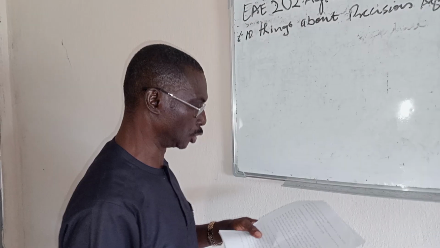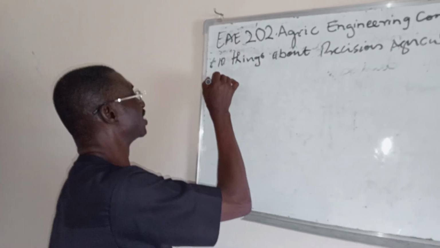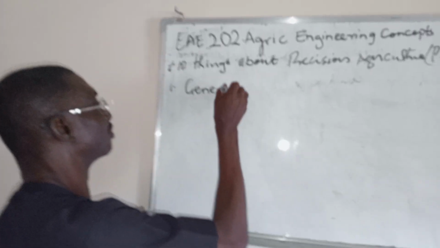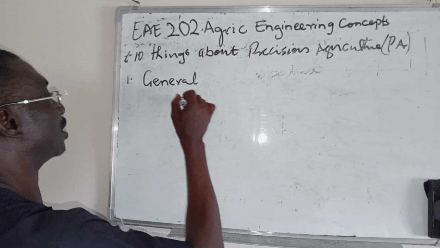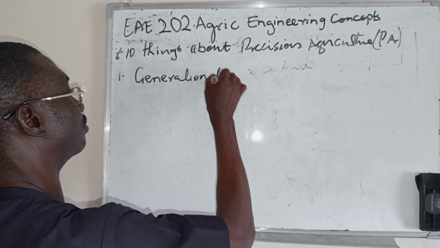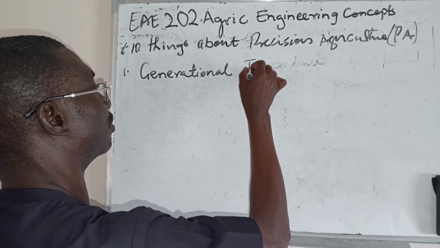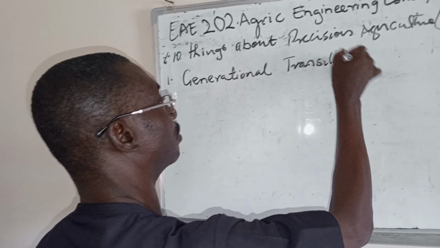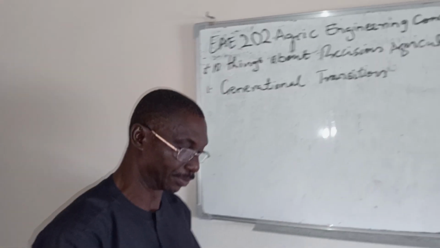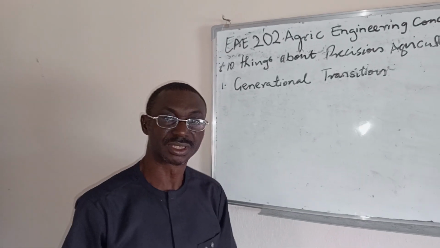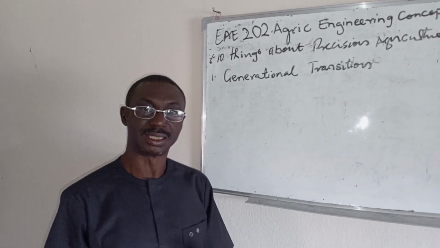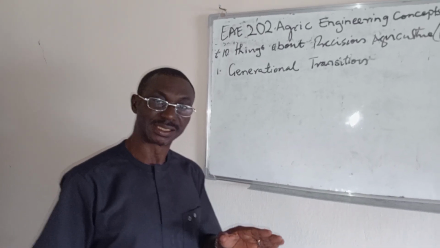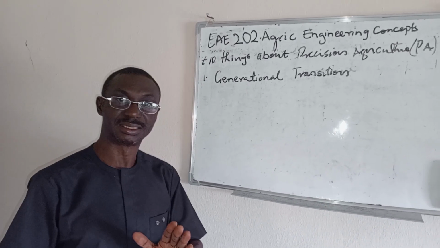The first one is it is a generational transition. In other words, farming is a live business, it's a business. And because of that, it should increase.